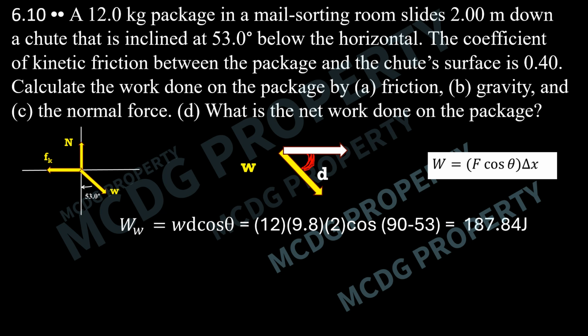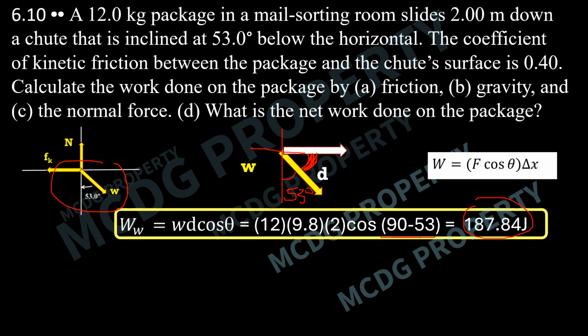And this angle is 90 minus 53, because if this is the y-axis, as shown here, this is 53 degrees. Hence, the angle that the weight makes with the direction of motion is 90 minus 53. So the work done by the gravitational force is 187.84 joules.